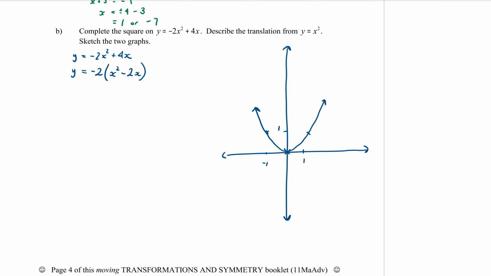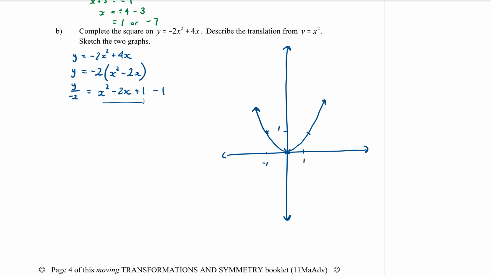Divide the negative 2 across to the other side so that I have the start of my quadratic ready. So I have x squared minus 2x. To make the perfect square, I halve the minus 2, which is negative 1, and square it to get a 1. I straight away subtract that 1 off again.